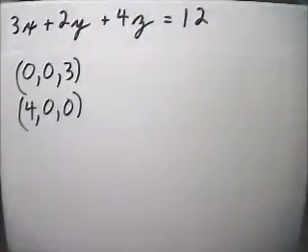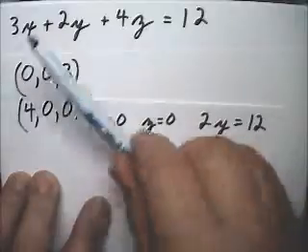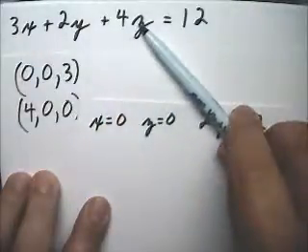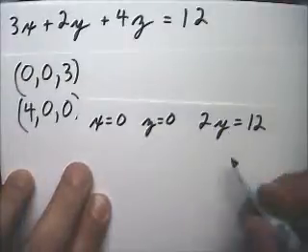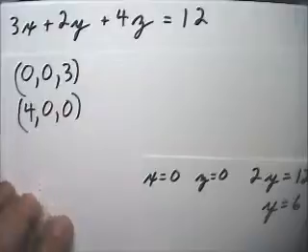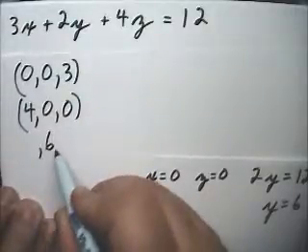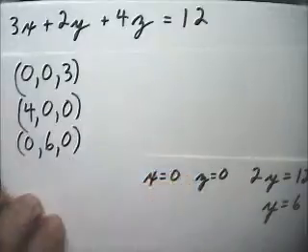And lastly, the last combination is to let x be 0 and z be 0, and then I'm left with 2y equals 12, or y equals 6. So now I've got the point 0, 6, 0.